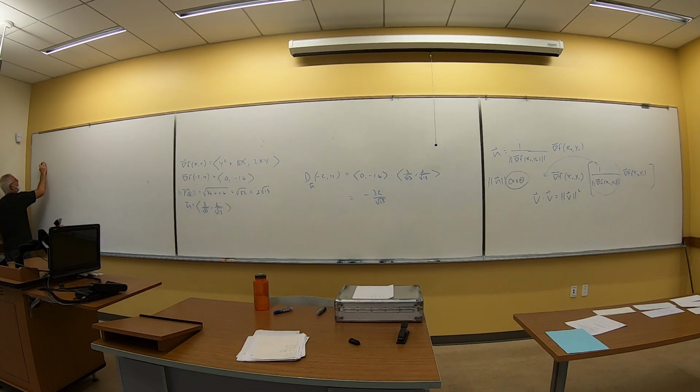I'll use the same sort of notation. Now we'll have f of x, y, z, and let's say that's going to be e to the x minus 3y squared, plus, how about cosine z? I'll make this really easy.